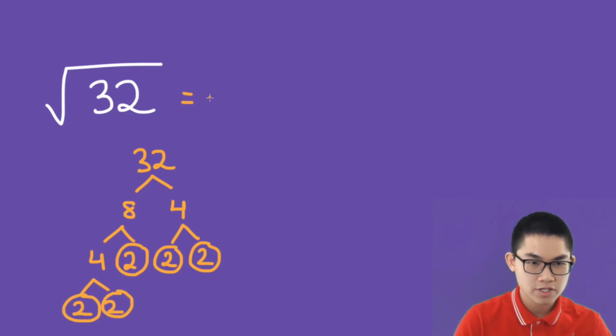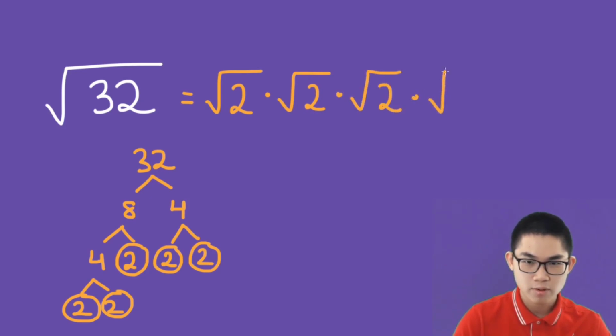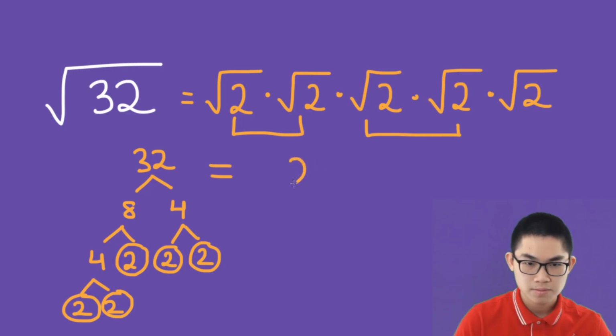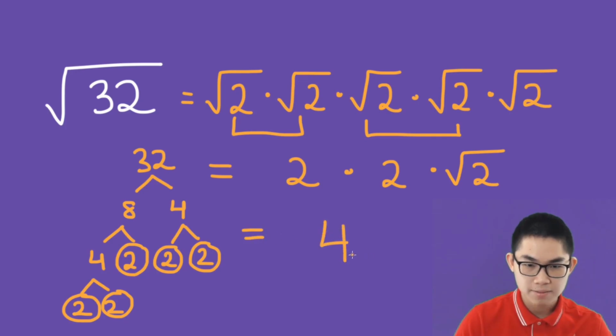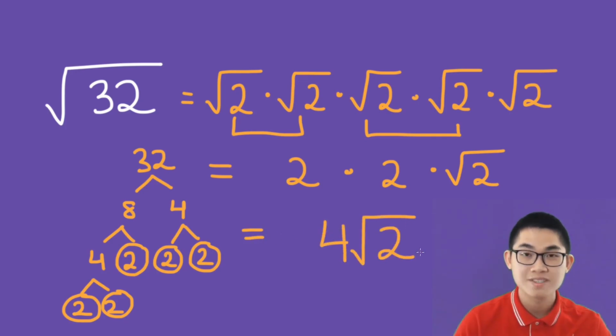The square root of 32 is equal to the square root of 2 times the square root of 2 times the square root of 2 times the square root of 2 and times the square root of 2. What would this give you? Well, we have a 2, we have another 2. So this would be 4 times the square root of 2.